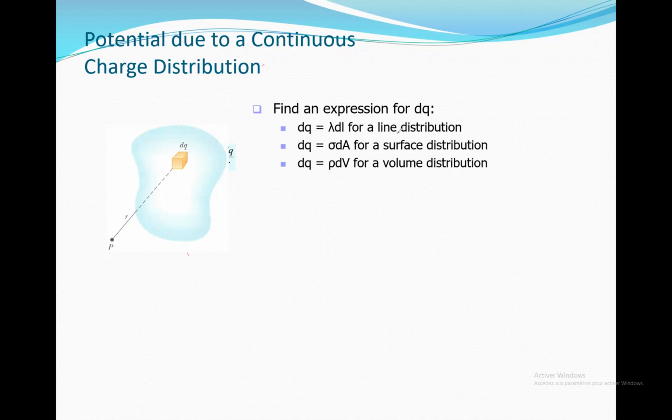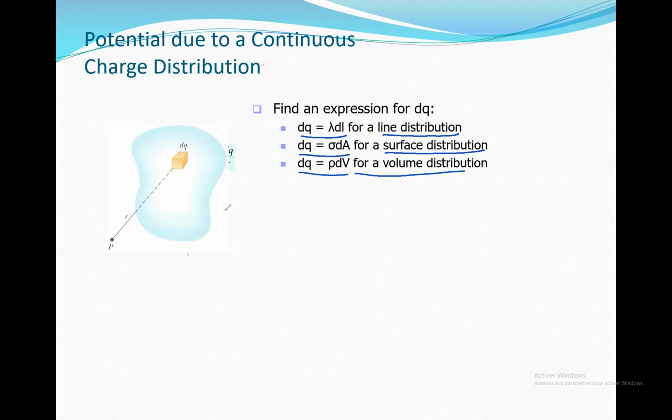In the case of a line distribution, we have dq equals lambda dl. In the case of surface distribution, dq equals sigma dA. And also in the case of volume distribution, dq equals rho times dV. This is the general case.